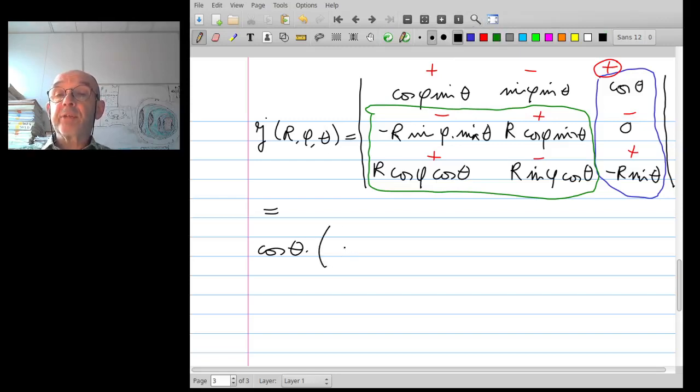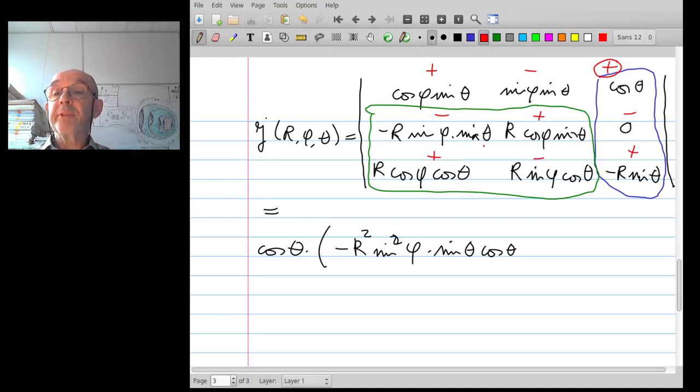I get out of it minus r squared sine squared phi times sine theta times cosine theta, and then you have to subtract the other thing.